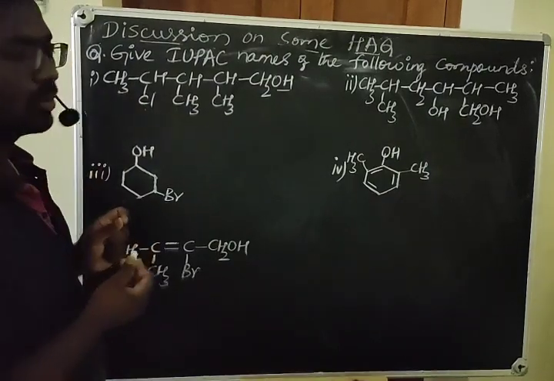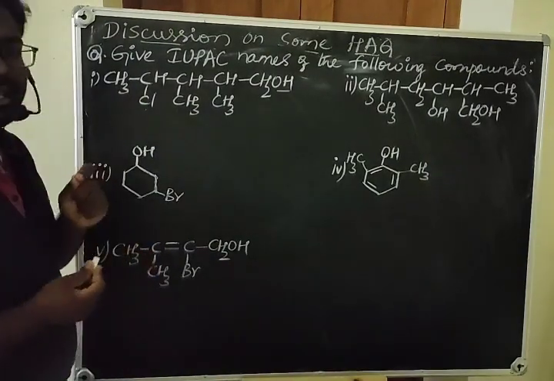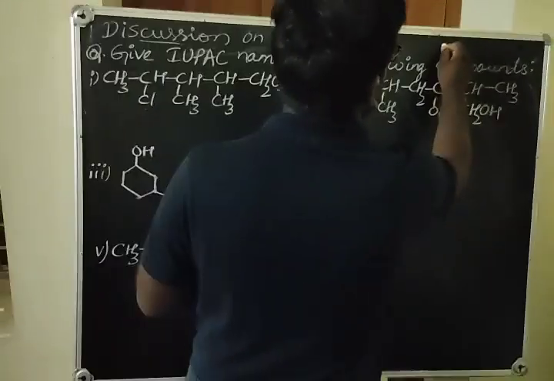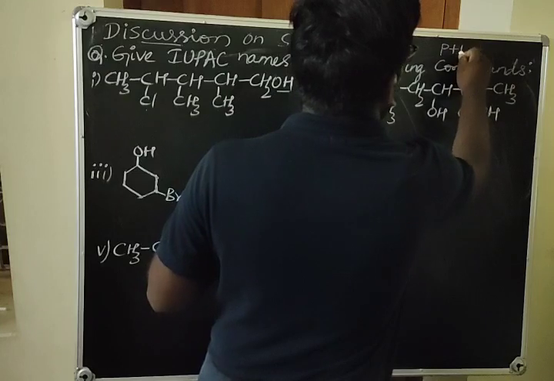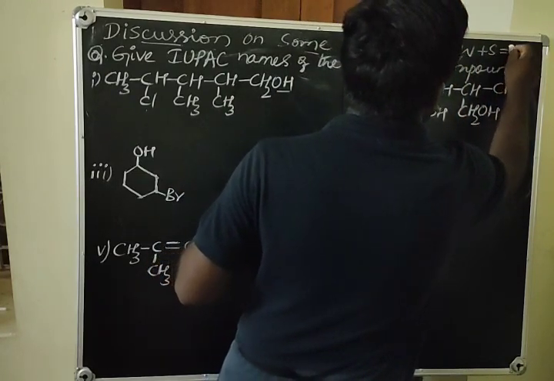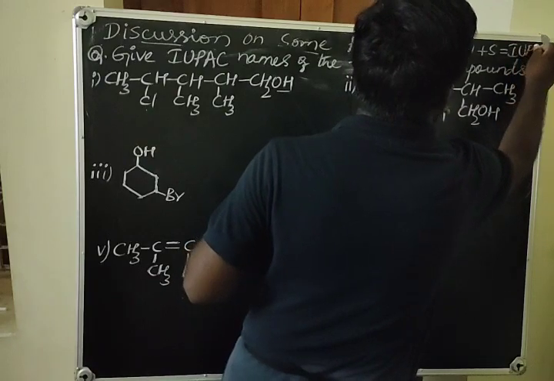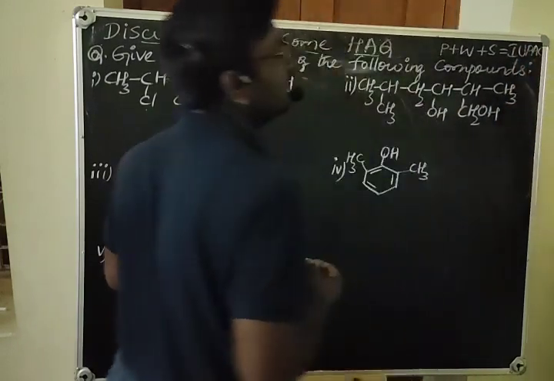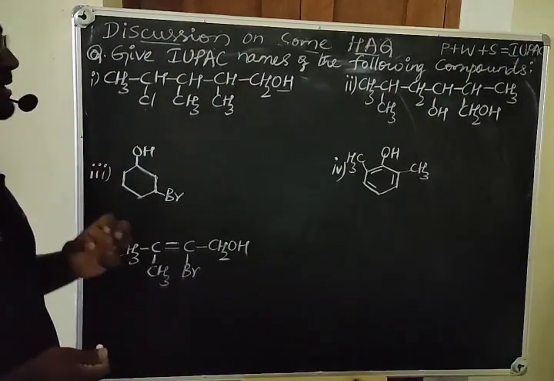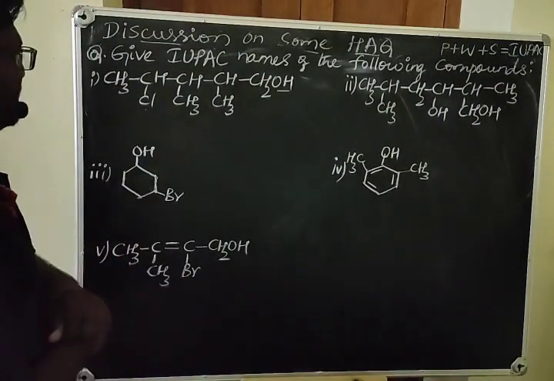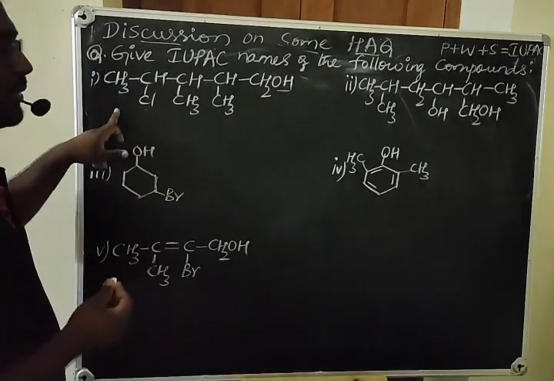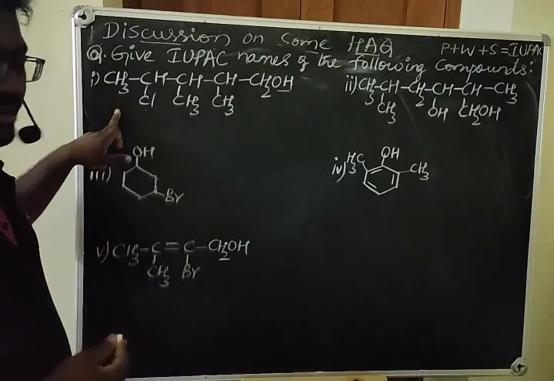Now what are the prefixes here? I already told you, while writing IUPAC names you must follow the sequence: prefix, word root and suffix. That is the IUPAC name of the compound. Here we have to list out the prefixes. First we shall number the carbon atoms and find the word root.